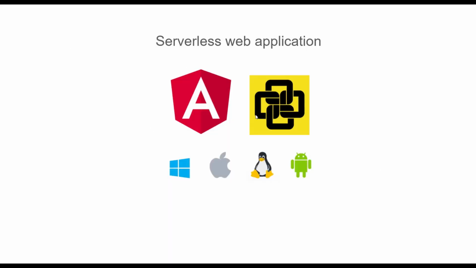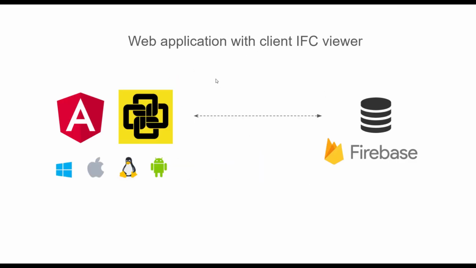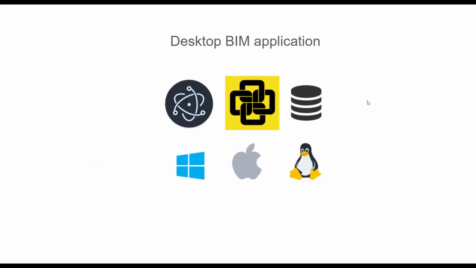And here I just wanted to show different examples of things that you can do with this library. For example, you can build serverless web applications only using the browser as the IFC viewer. Obviously, you can rely on a backend database. You can send the information back and forth.